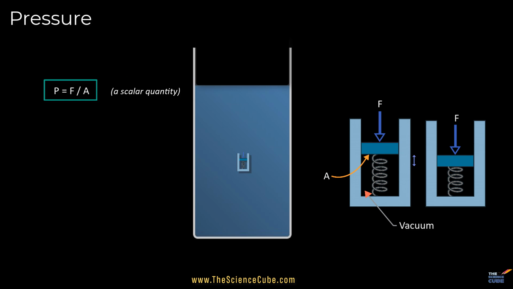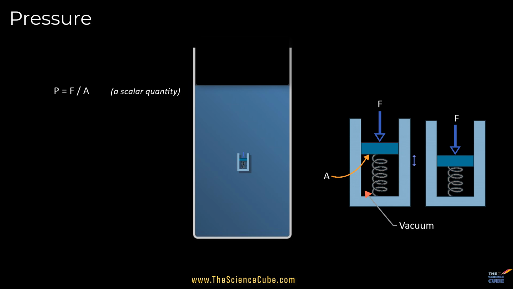And you might rightly wonder how that can be when we calculate it using force, which is a vector. The answer is that we use only the magnitude of the force acting normal to the surface and we ignore its direction. That's why pressure expressed as P is equal to F upon A is purely a scalar.